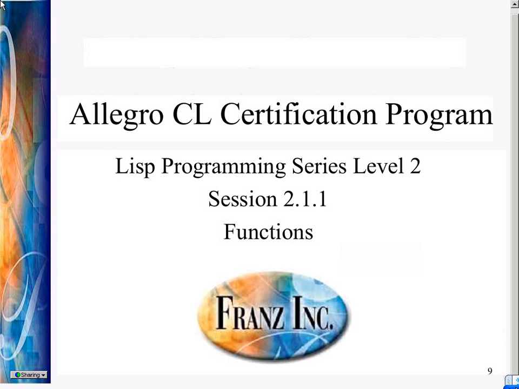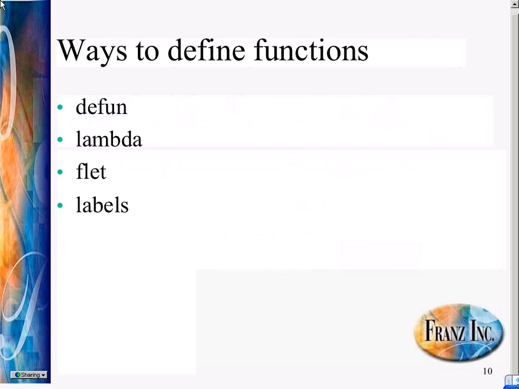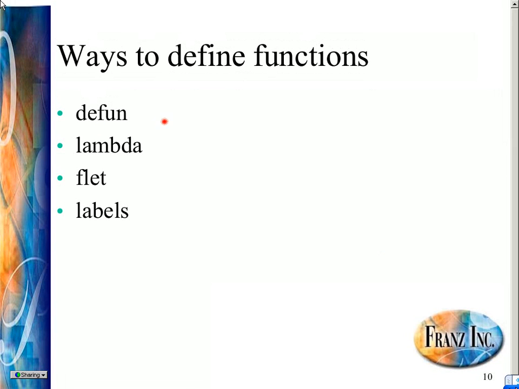So let's start out, and we're just going to talk about functions in somewhat more detail. In the elementary course, and what you might be used to, the way to define functions is to use the macro defun. But there are three other ways to define functions. There is the lambda construct, which defines what's called an anonymous function, that is, a function without a name.